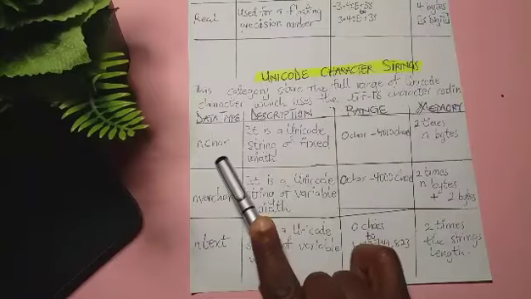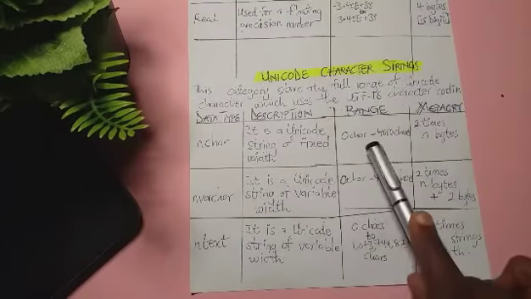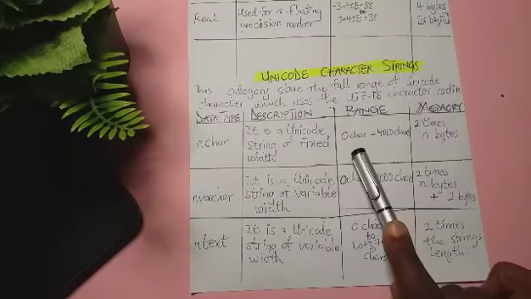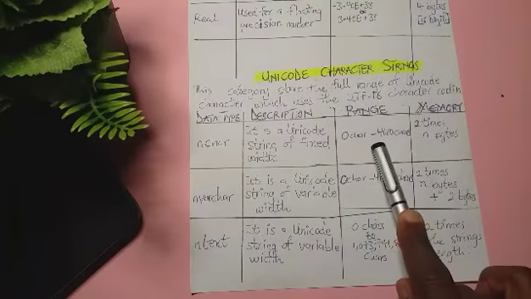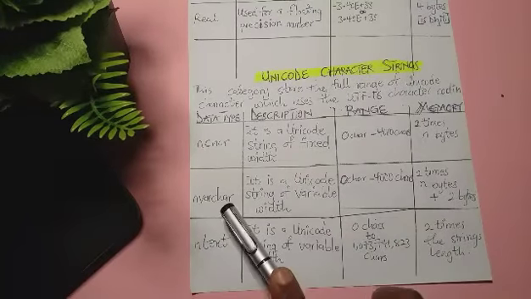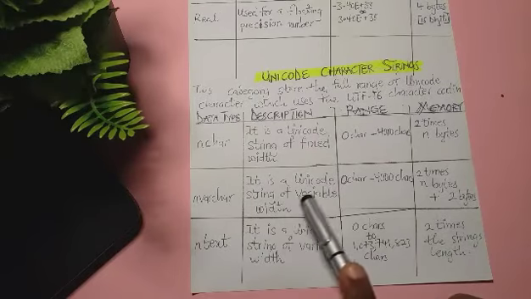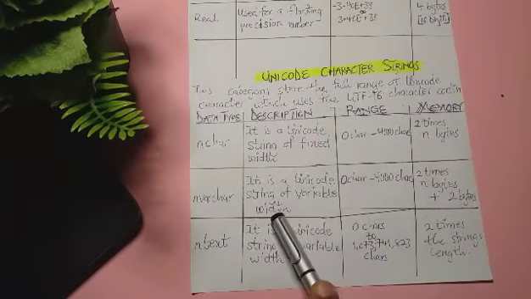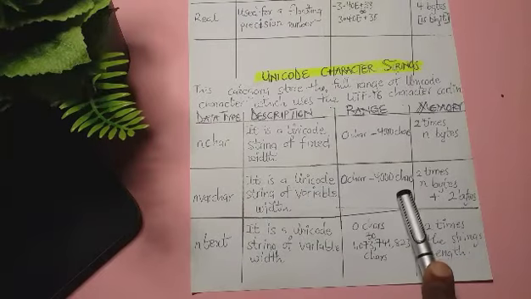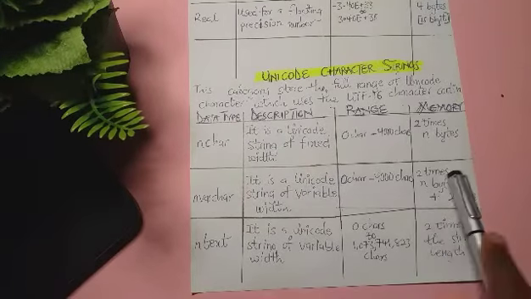The range is from 0 characters to 4000 characters, and the memory size is 2 times n bytes, so 2 times the number of characters you put in the database. And we have the nvarchar, a Unicode string of variable width, with a range of 0 to 4000 characters, and the memory size is 2 times the number of characters in bytes plus 2 bytes.